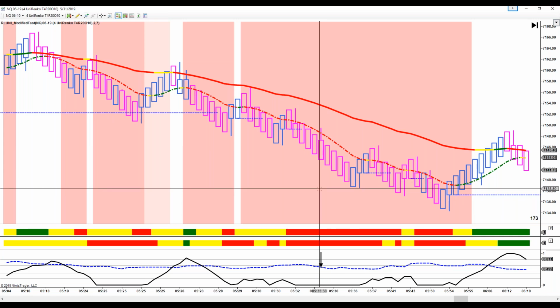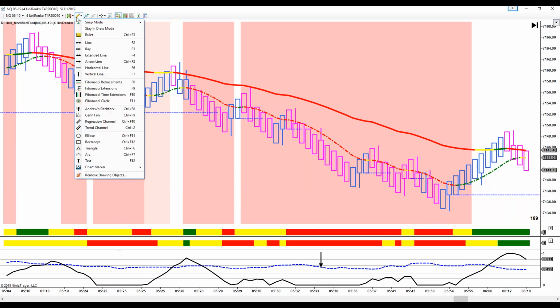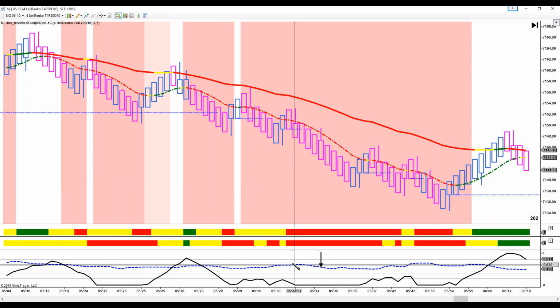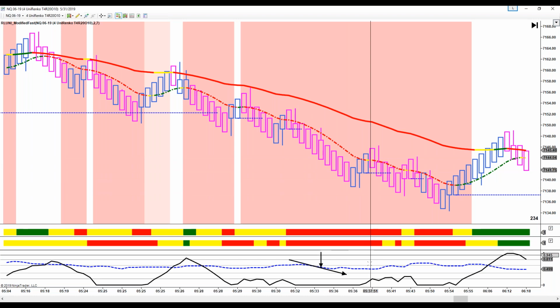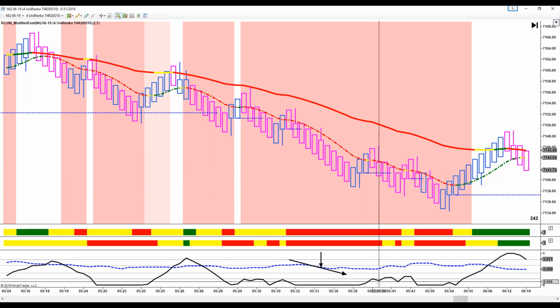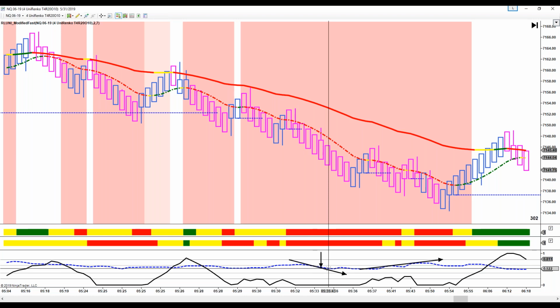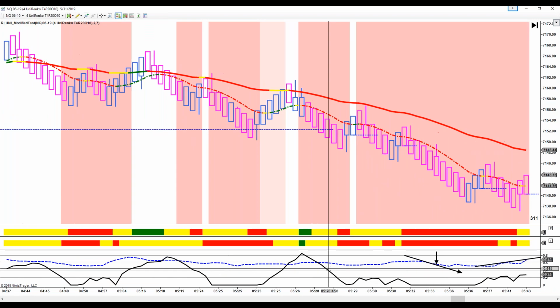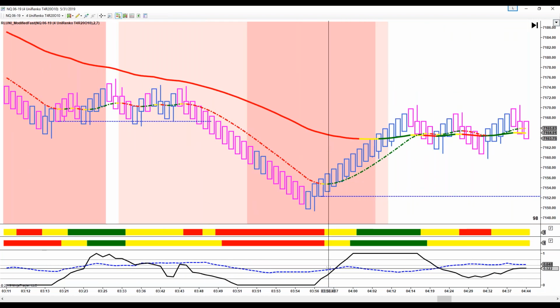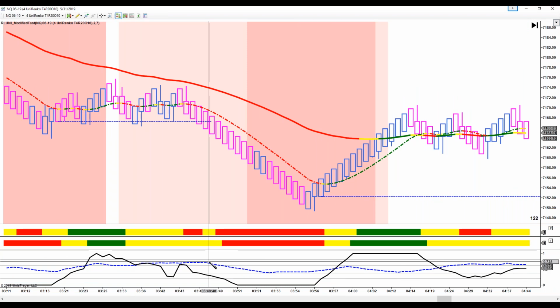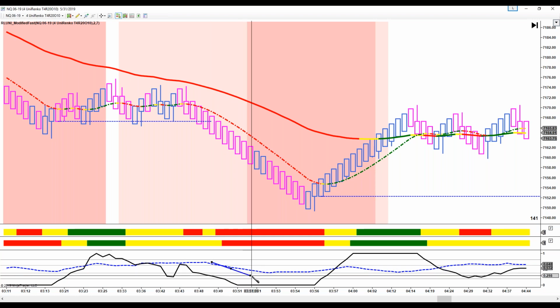In a trending market, volatility drops. In a choppy market, volatility rises. So this blue line always gives us an idea of, based on volatility, whether we're in a trending market or whether we're in a chopping market. And it's really very, very good.